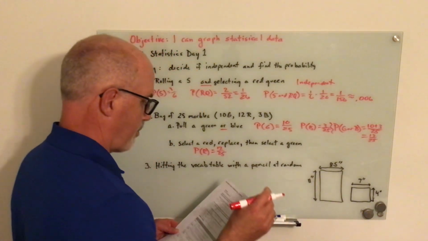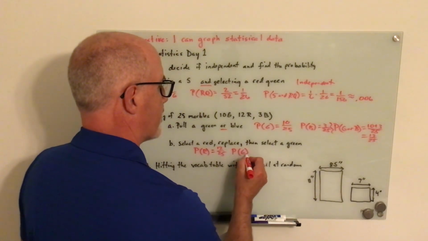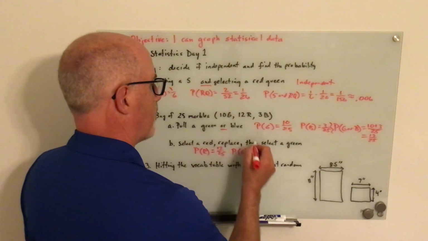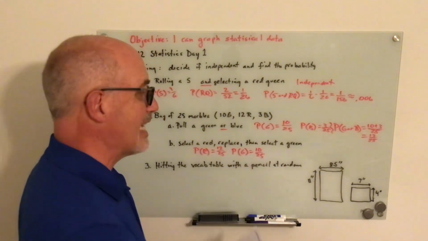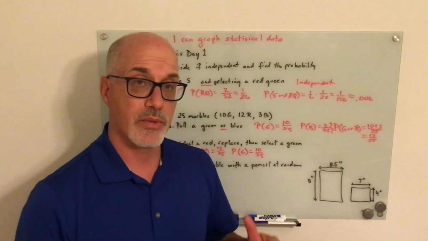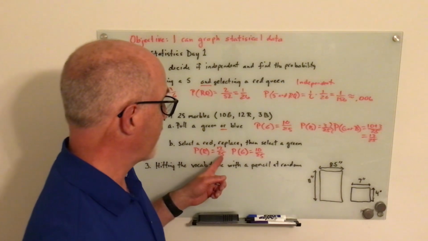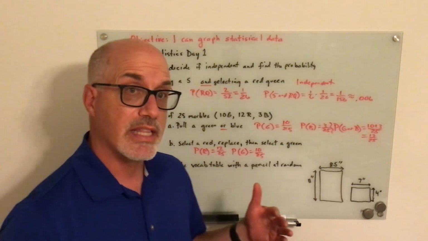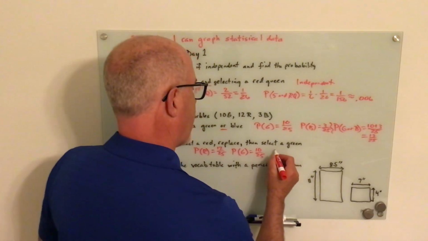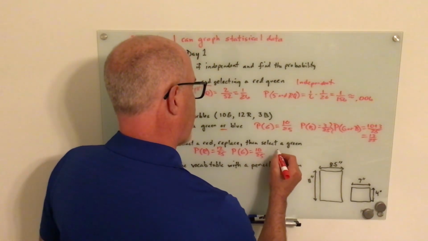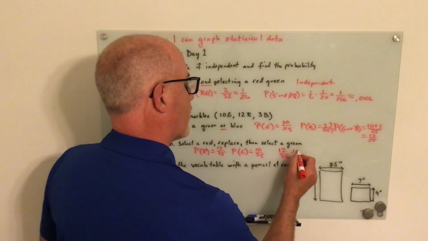And then the probability of a green on the second selection is 10 out of 25. When these are independent of each other, we multiply the two probabilities together. So the probability is going to be 12 over 25 times 10 over 25.